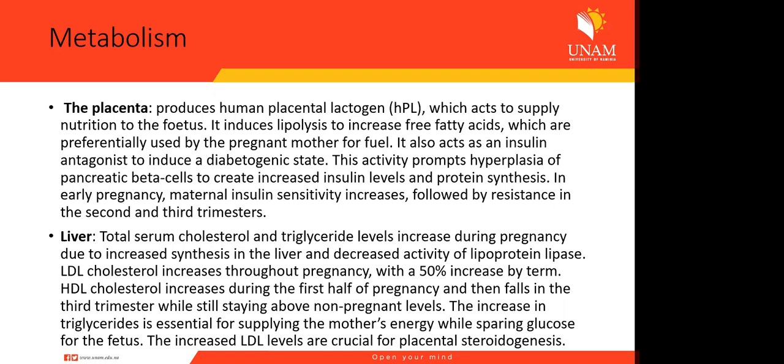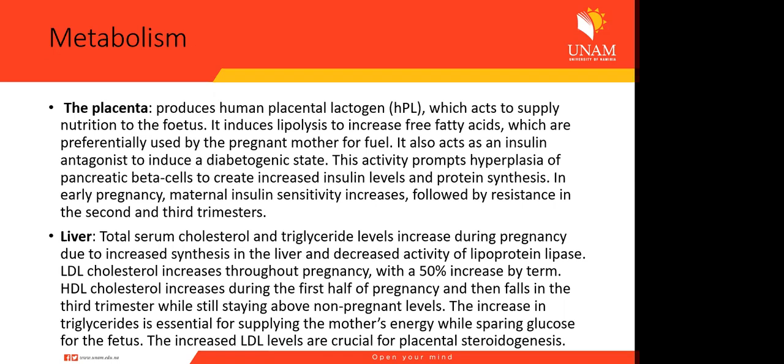All right, so this activity prompts hyperplasia of pancreatic beta cells to produce more insulin and protein synthesis. But don't forget that there's increased antagonism to insulin during pregnancy, and this may be followed by increased resistance to insulin effect in the second and third trimester.